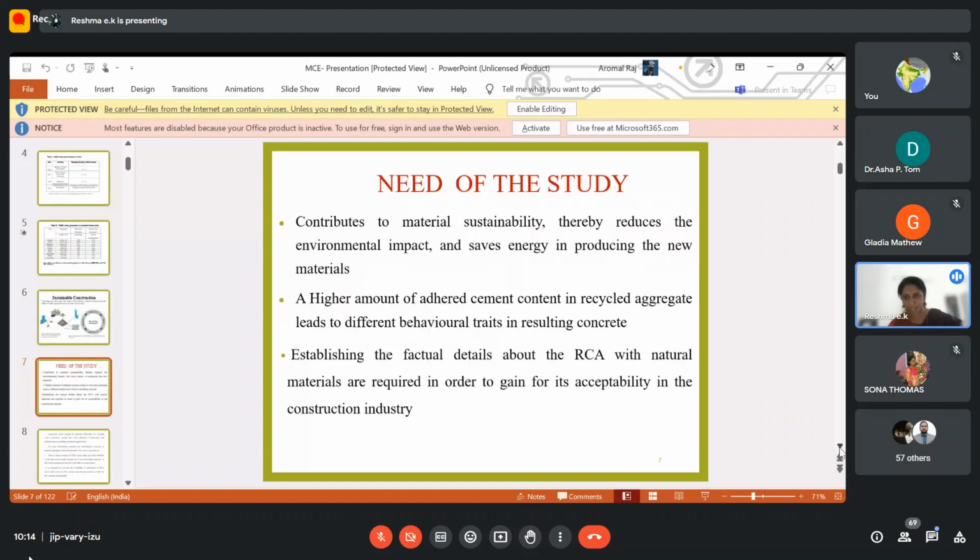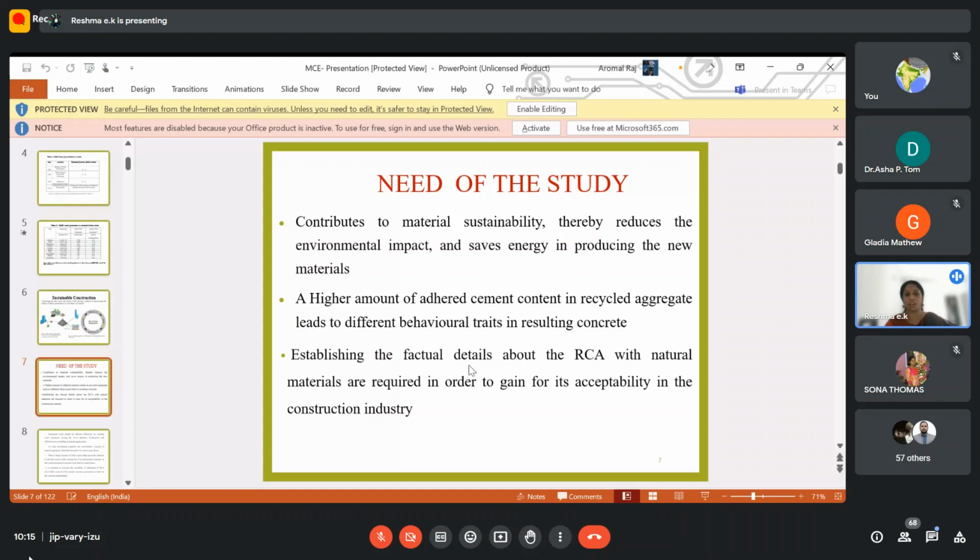So the need for my studies here, whatever research I have done, the main aim was to contribute something to material sustainability. So when we contribute to material sustainability, we are reducing the environmental impact, and saving energy in terms of new material production. We need more energy for that, so that is getting reduced.